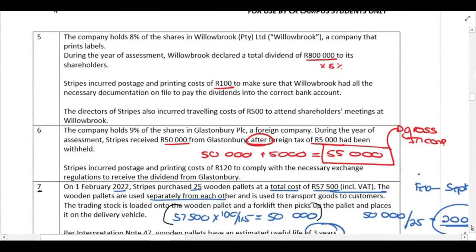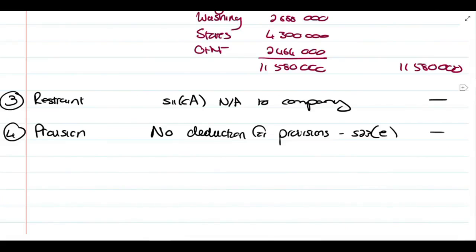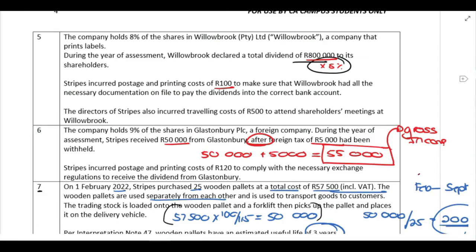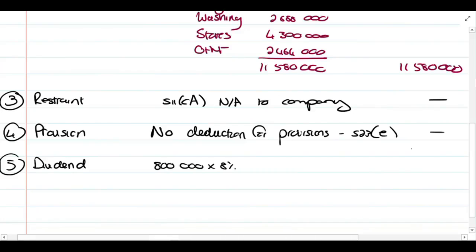Then number 5, this is where we get the dividend, 800,000 times 8%. So was it 8% now? Yes. So 64,000.